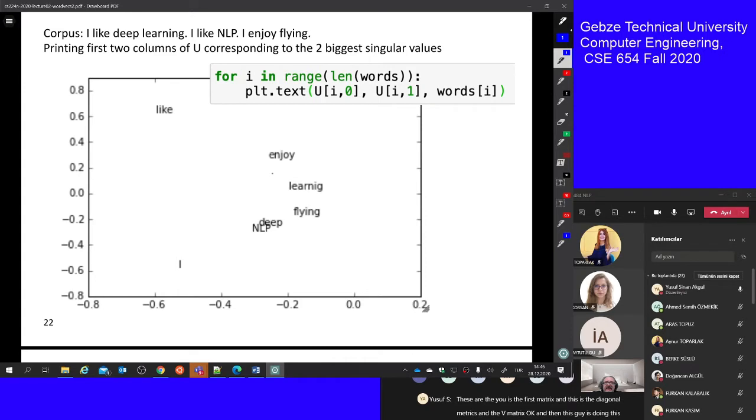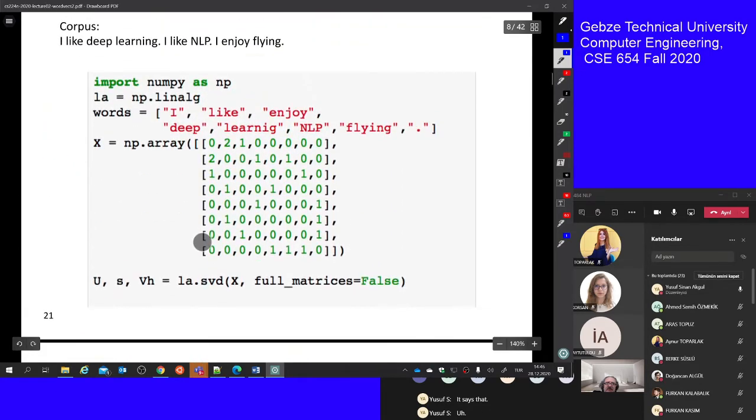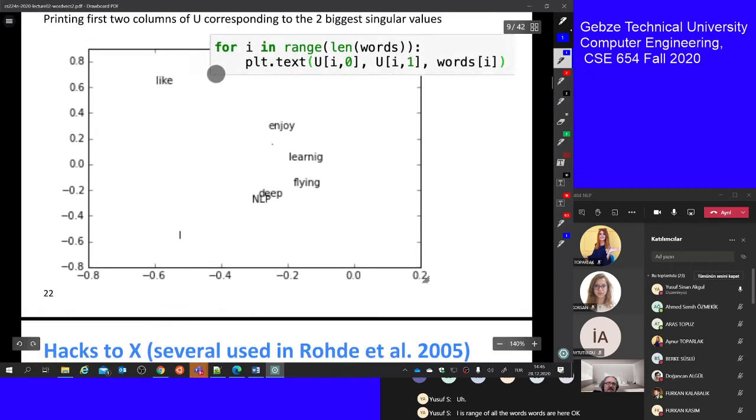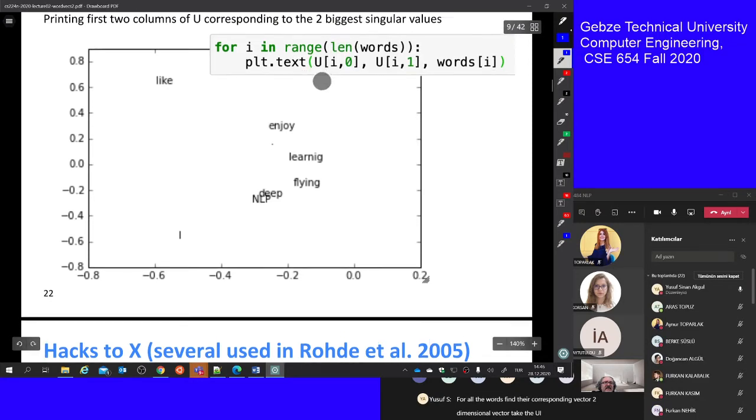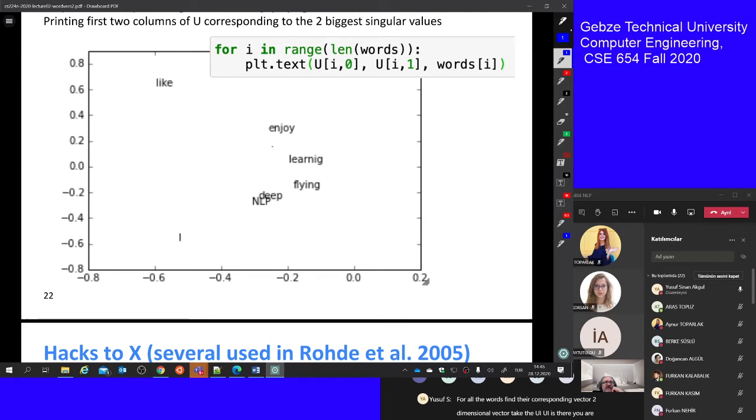And then this code is doing the following. I is the range of all the words. For all the words, find the corresponding two-dimensional vector. Take U_i, the vector that corresponds to the word i, but take the first element of it and the second element of it.